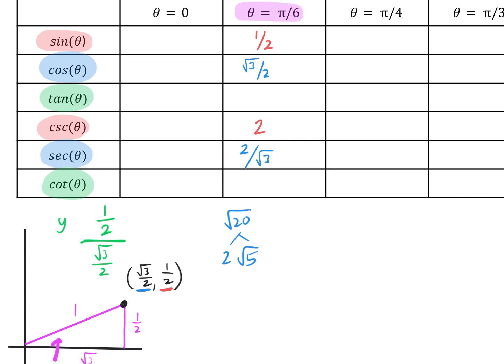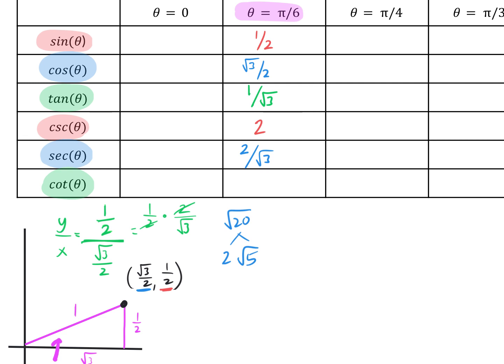That's my y's over my x's, which would equal 1/2 times 2 over the square root of 3. So those 2's simplify out, and my tangent is 1 divided by the square root of 3. Again, we don't need to rationalize it. We can leave it like that as our answer.